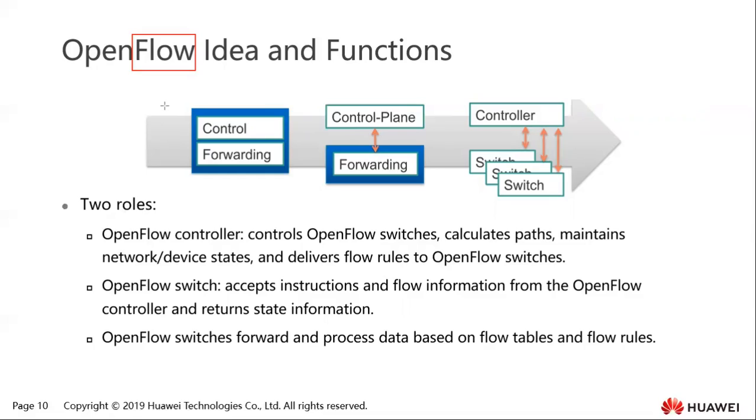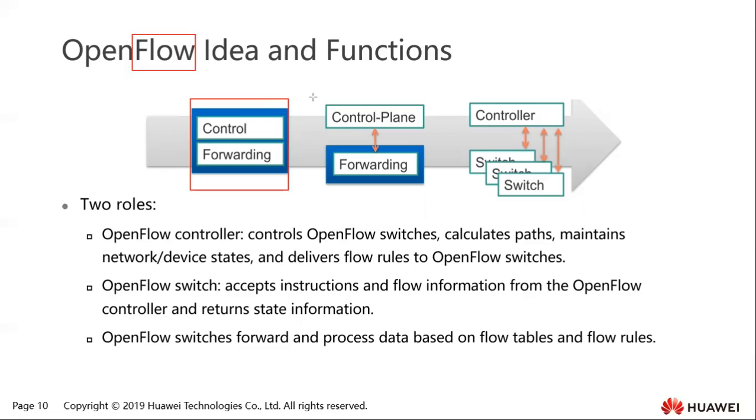Now, the OpenFlow protocol is a control protocol that is used between the controller and the forwarders. In traditional networks, we have the control and the forwarding being done on each device.